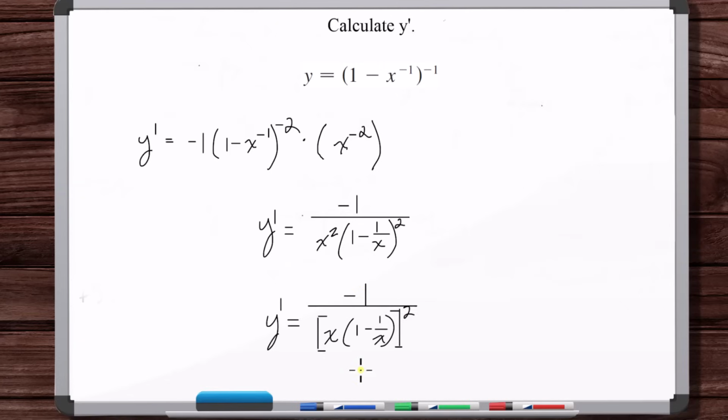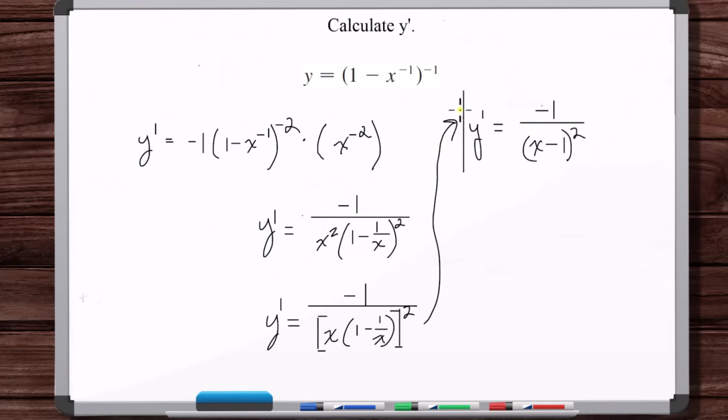And then maybe let's keep simplifying that denominator. So if we distribute, we got x minus 1. Oh, there we go. Yeah. Okay. So yeah, that's the derivative.